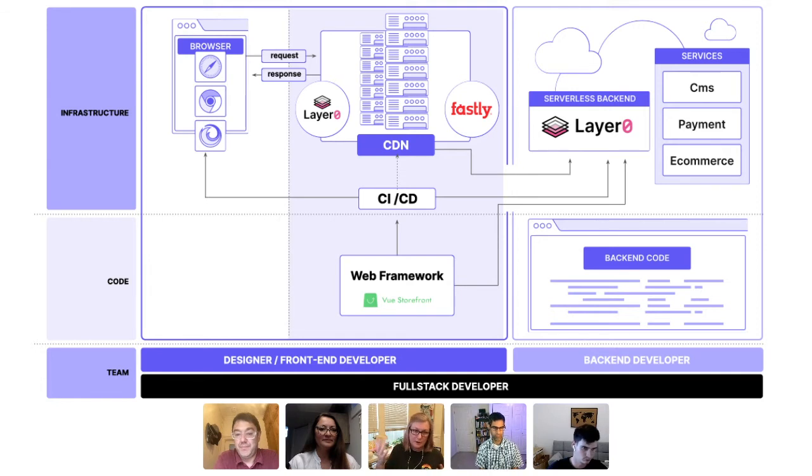Or you can use a modern CDN that gives you real-time logging. That's all of the data from every request coming in, every response going out. There's a lot of information there. And I'm sure you have someone in your company who's a stats nerd and really wants to get into that level of data. That can help do a proof of concept and prove your case that it's the right thing to do for your company.